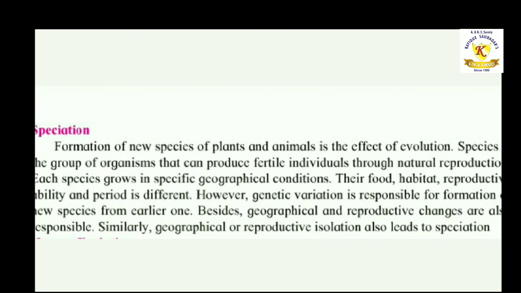Their food, habitat, reproductive ability and period are different. However, genetic variation is responsible for the formation of new species from the earlier one. Besides, geographical and reproductive changes are also responsible.